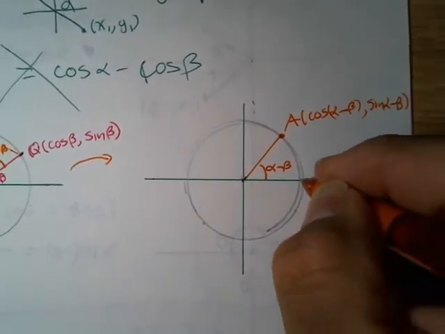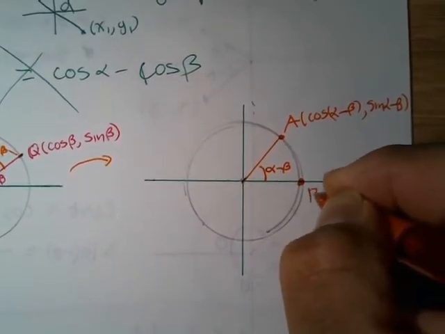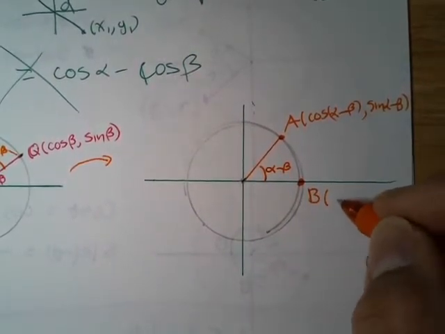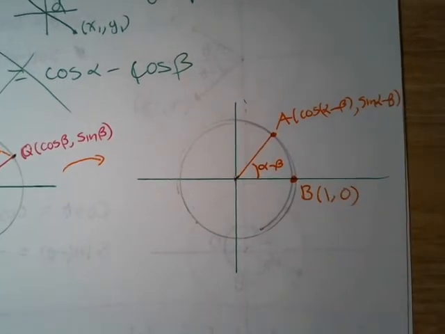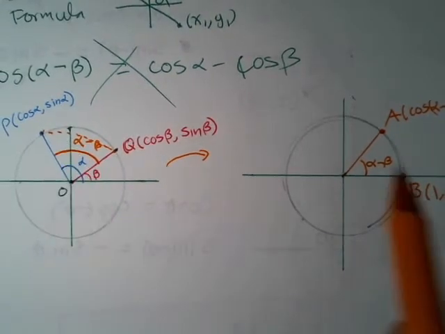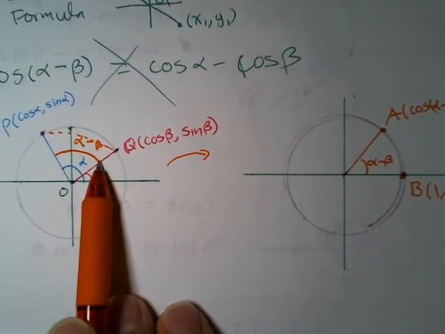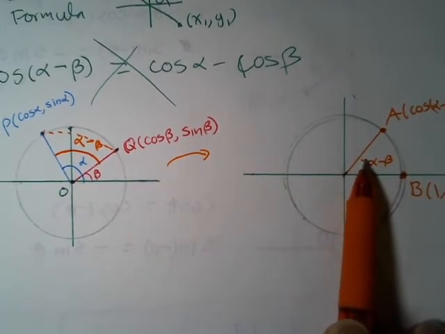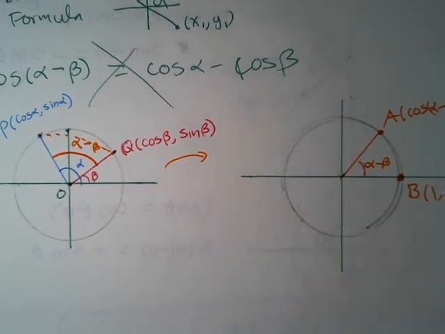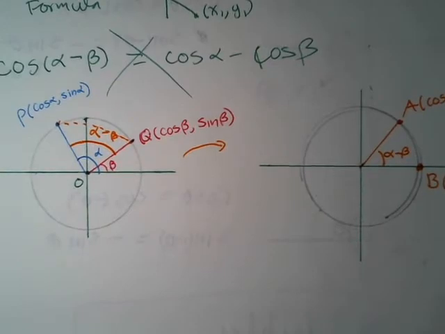And then this point here I'll call B, and again it's the unit circle, so that'll be the point (1, 0). It's important to realize that, by the way I constructed it, this angle is the same measure as this angle, in terms of radians or degrees, whatever I'm using.